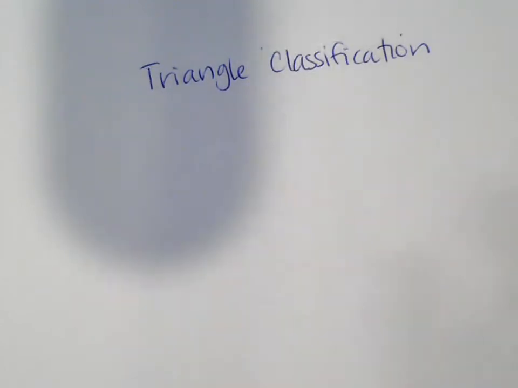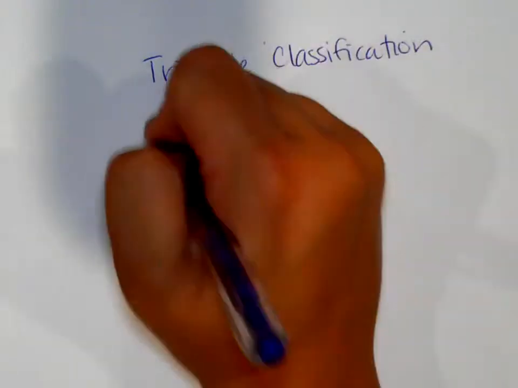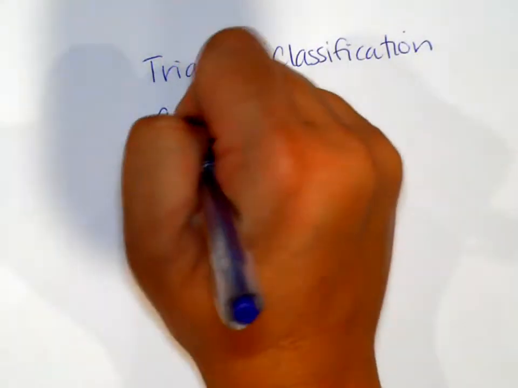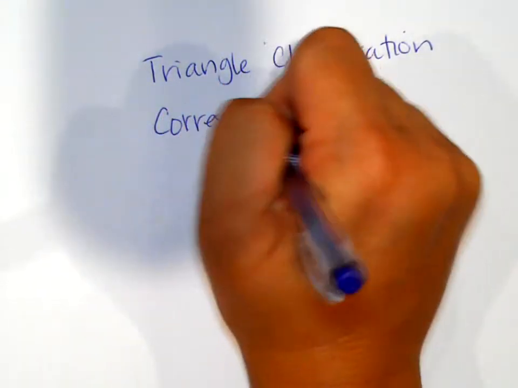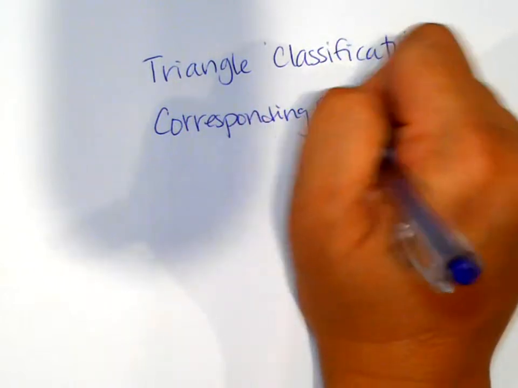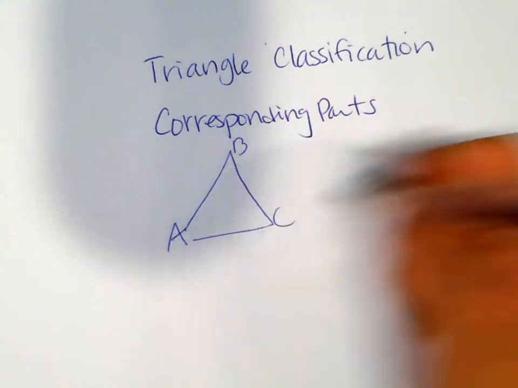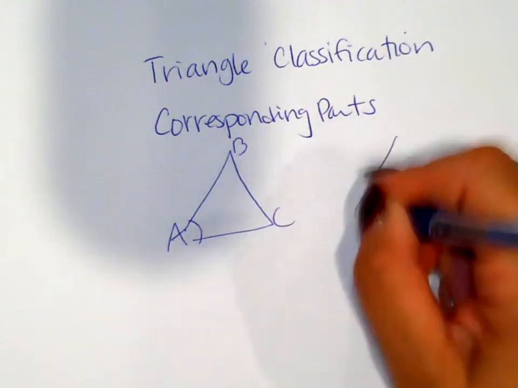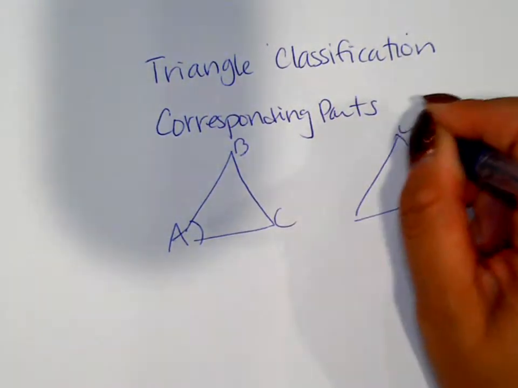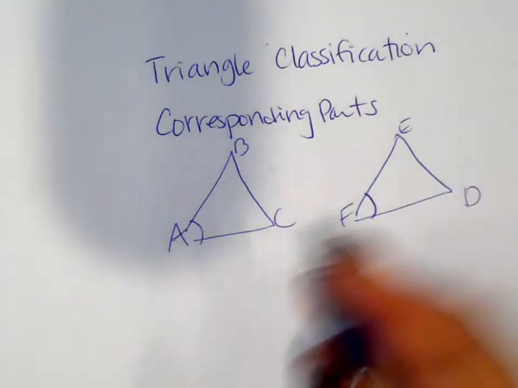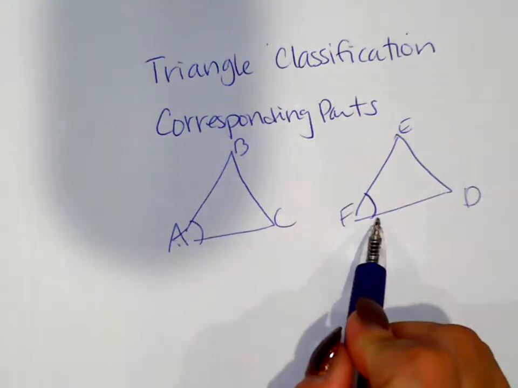So that's the first. There are matching corresponding parts. That was kind of what we did here. We had triangle ABC and this guy right here, DEF, that this one and this one are congruent. That's the corresponding part.